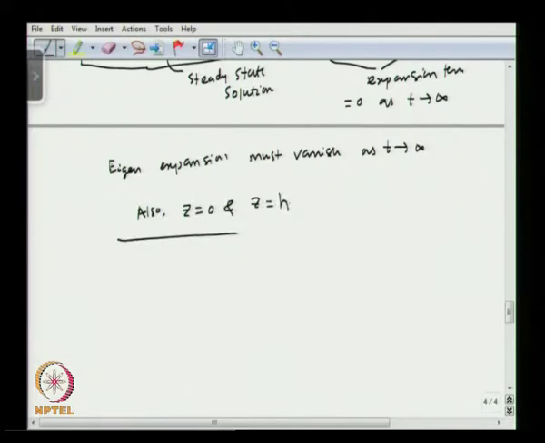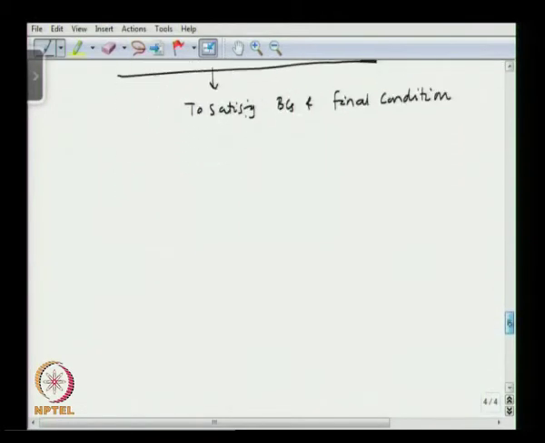Then only will the boundary conditions and the final condition, that means the steady state condition, be satisfied.